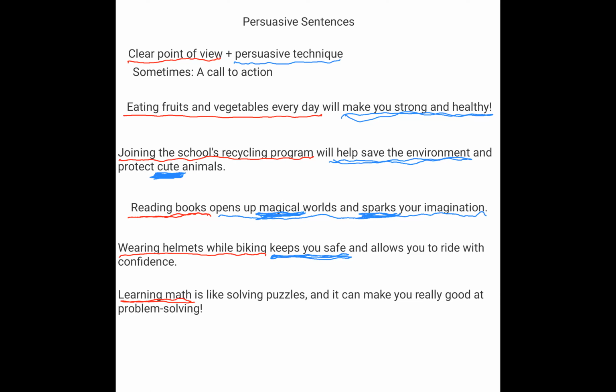So they're linking solving maths with the ability to solve puzzles. And what else is it doing? It's telling you that you can learn something, or that you can get really good at something.